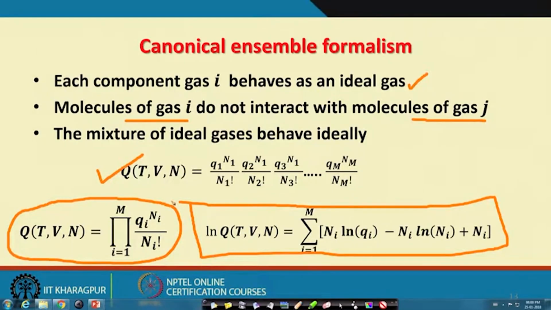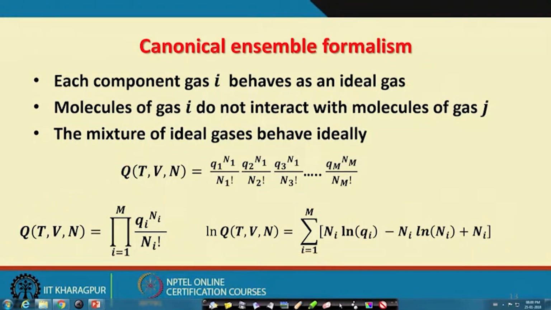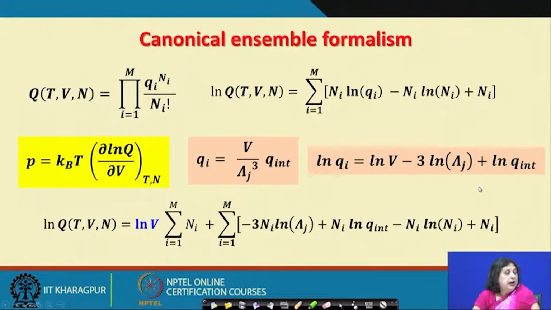So, what is the consequence? Obviously, whenever I am using the formalism of molecular thermodynamics within the canonical ensemble, then I actually require capital Q. So, when I go ahead and calculate the pressure of this mixture, then I will need to understand how ln Q explicitly depends on volume.